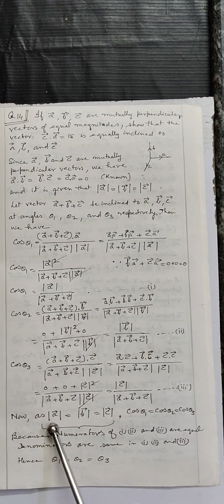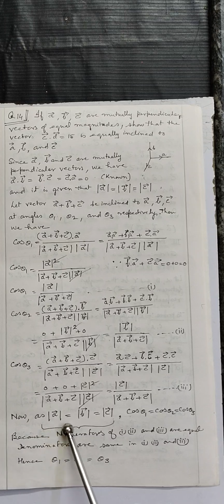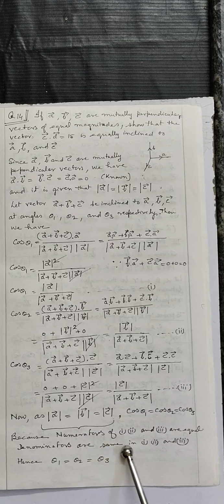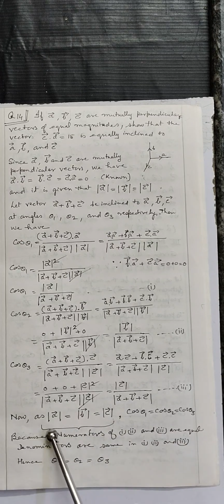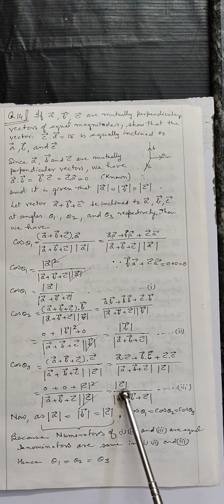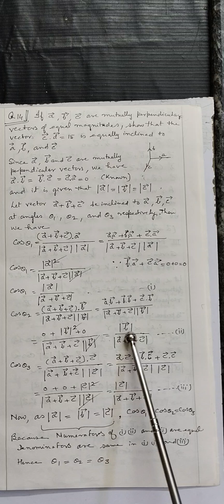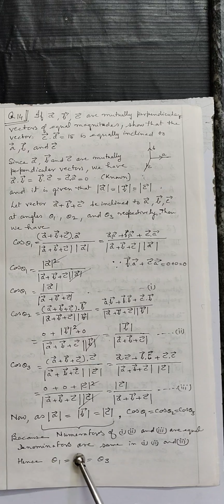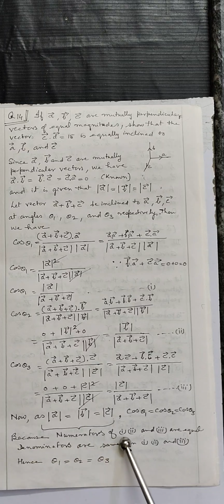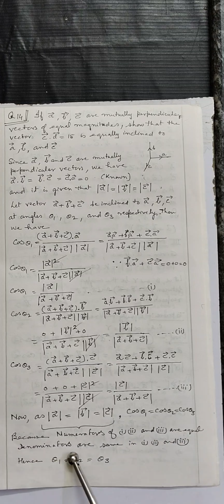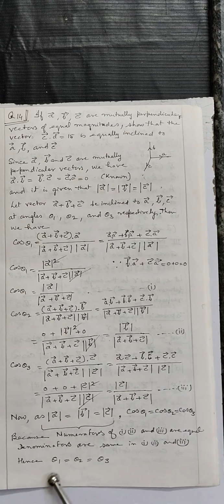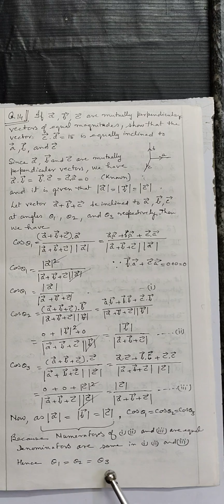Now, as the magnitude of the vector A is equal to magnitude of vector B is equal to magnitude of vector C is given, and because the numerator of first, second and third are equal, देखिए यहाँ पर मैग्नीट्यूड ऑफ सी है, यहाँ पर मैग्नीट्यूड ऑफ बी है और यहाँ पर मैग्नीट्यूड ऑफ ए है न्यूमरेटर में, एंड दिस न्यूमरेटर्स आर इक्वल. डिनोमिनेटर्स आर द सेम, न्यूमरेटर इक्वल है और डिनोमिनेटर सेम है. देयरफॉर द cos theta 1, theta 2 and theta 3 will be equal.